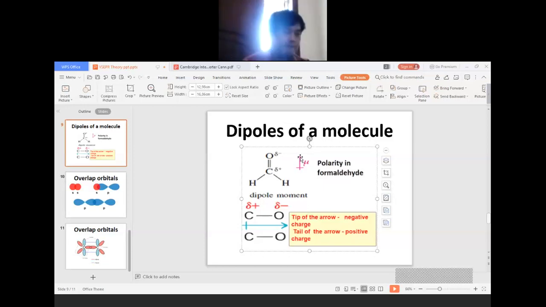Okay, and then now dipoles of a molecule. For the dipole of a molecule, we are determining the polarity. We know from this one, this is the structure of formaldehyde.